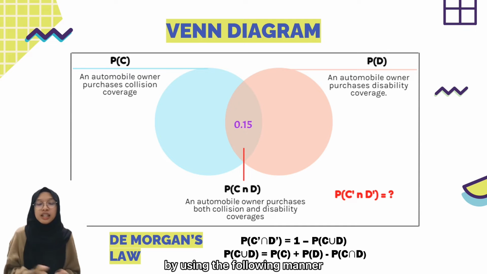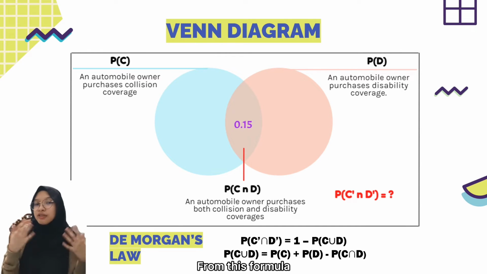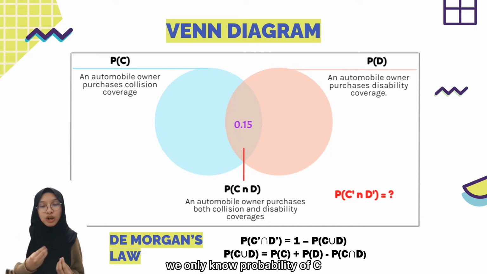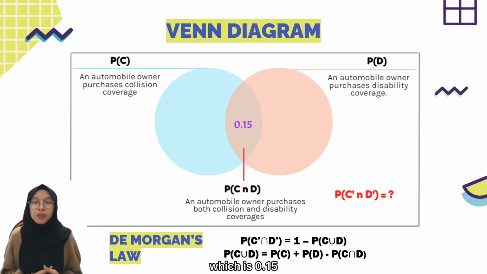We use the following: probability of C plus probability of D minus probability of C intersection D gives probability of C union D. From this formula, we only know probability of C intersection D, which is 0.15.